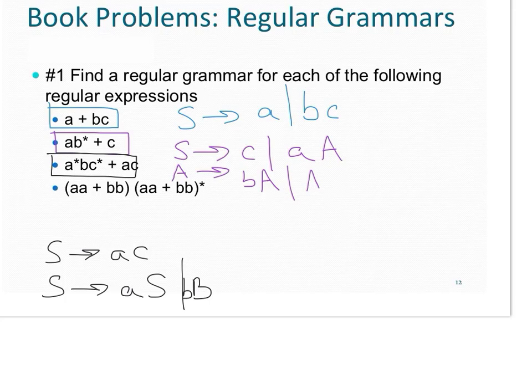And then big B goes to C, big B, or lambda. I think that does that one. And we'll do the last one in red.